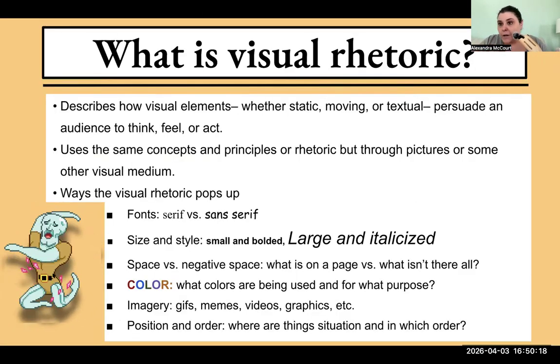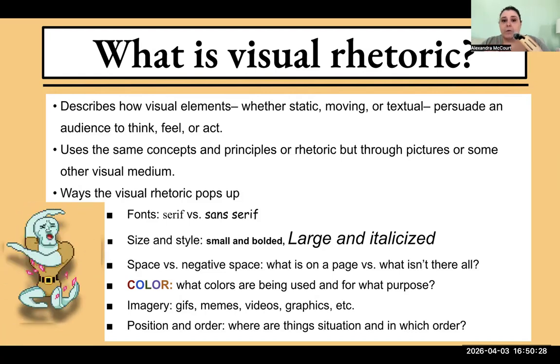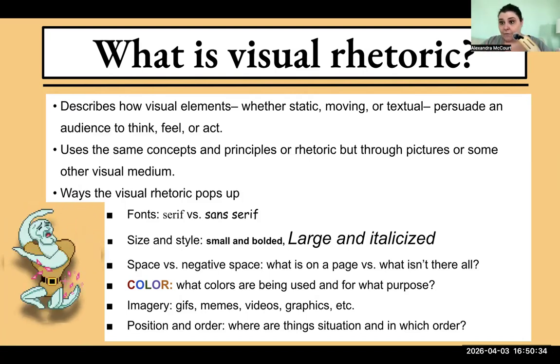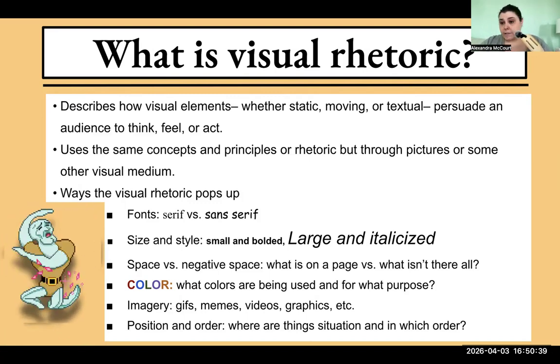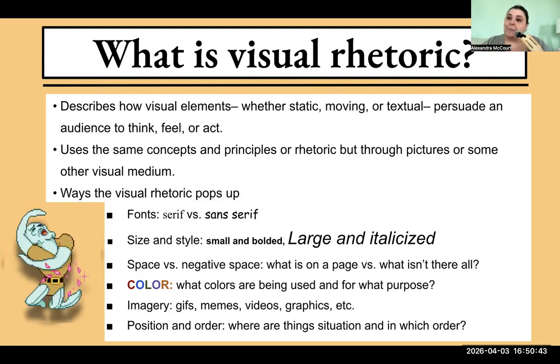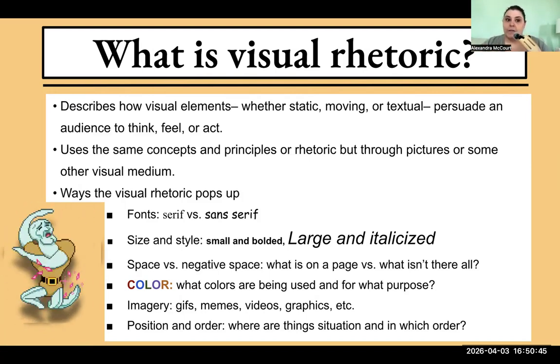So to build on how we can begin to evaluate visual rhetoric, it should describe how the visual elements are being used. And so we can think about, is something static? Is it staying in one place? Is it moving like a GIF? Is it animated? Or is it textual? Because we read text all the time, and that can be part of the visual rhetoric elements.